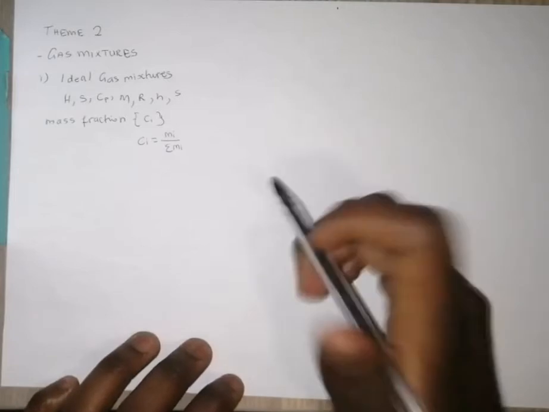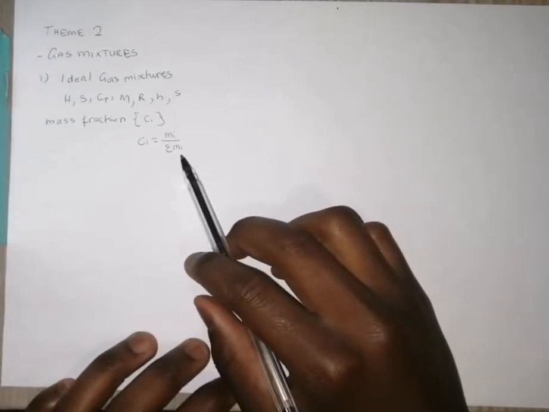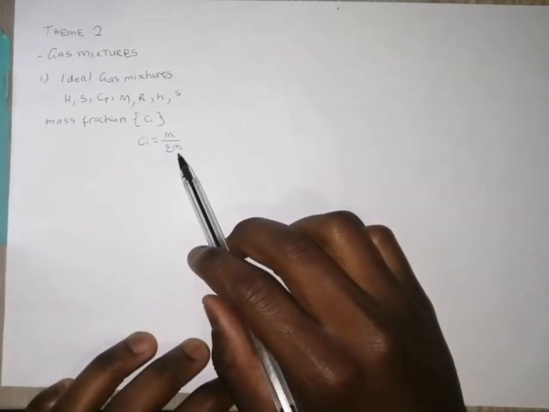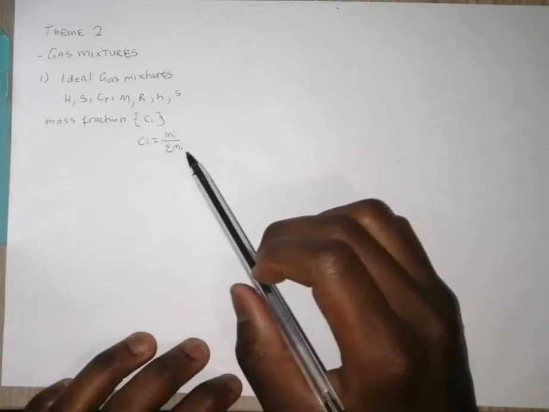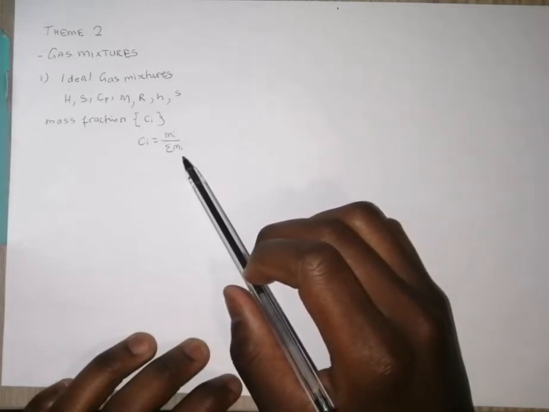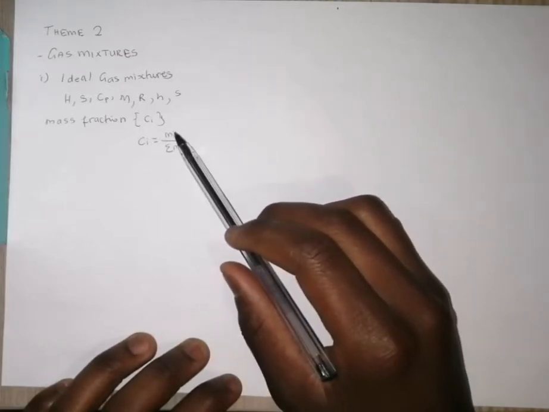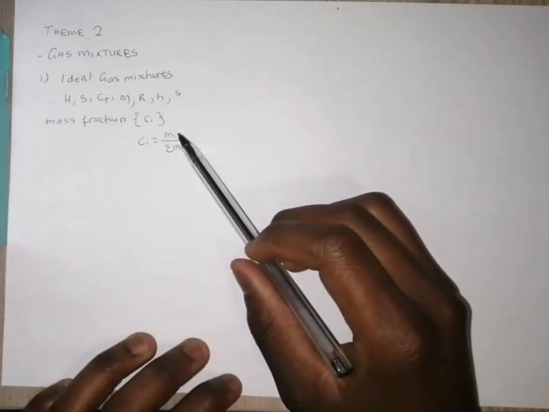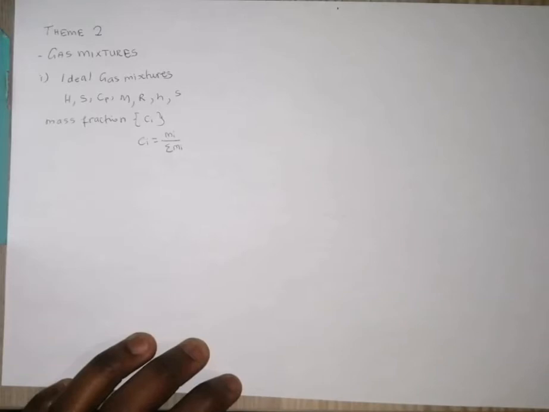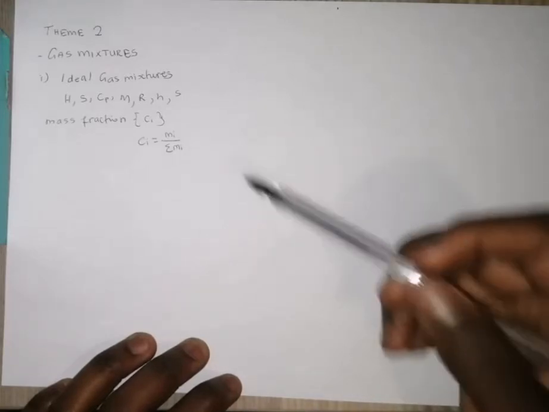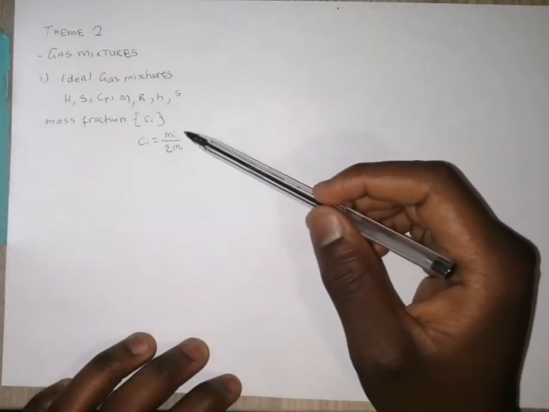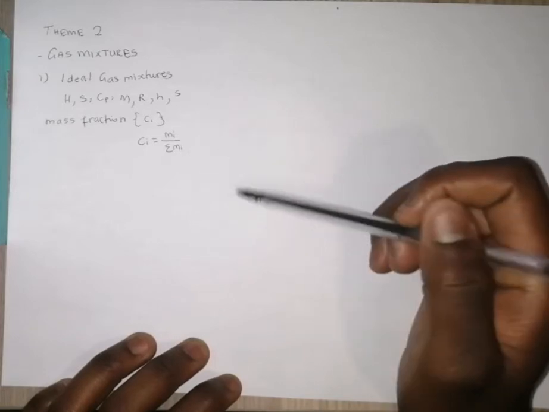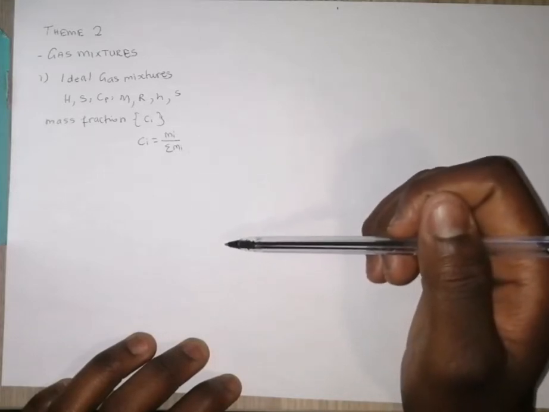So this is the summation of Mi, which is the total of the masses that are in the mixture, and Mi is the mass of just one gas in that mixture. So Ci is the fraction of the mass of a gas in a gas mixture.